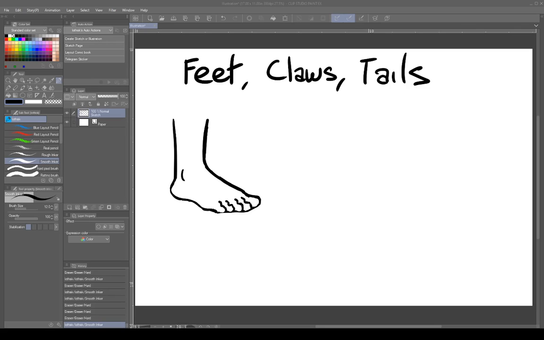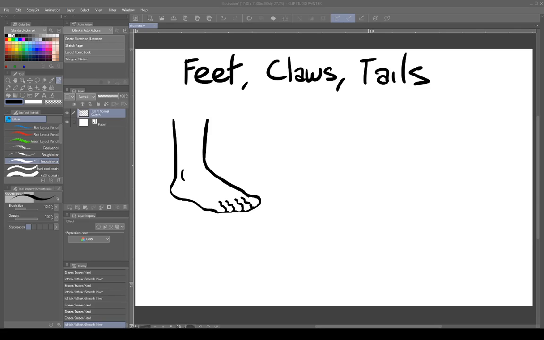Hopefully along the way we'll learn a couple of things about feet and claws and tails that can help you as an artist, or at least be a starting point for your own study. So let's go ahead and get started with the foot.